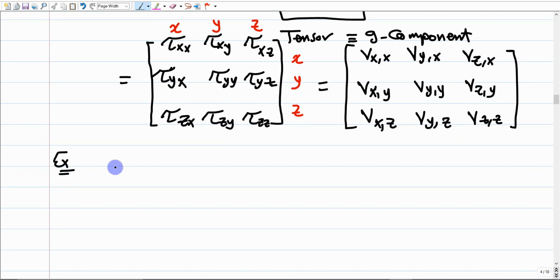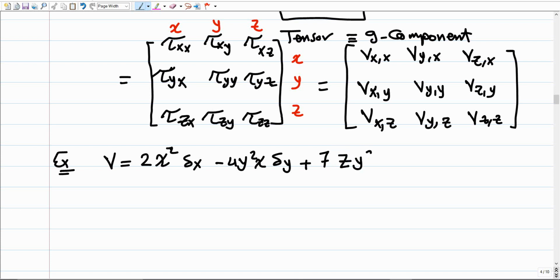How about if we do have this vector, which is the same vector that we considered before, 2x squared delta x negative 4y squared x delta y plus 7 of z y squared delta z. And we are required to find the gradient of v.